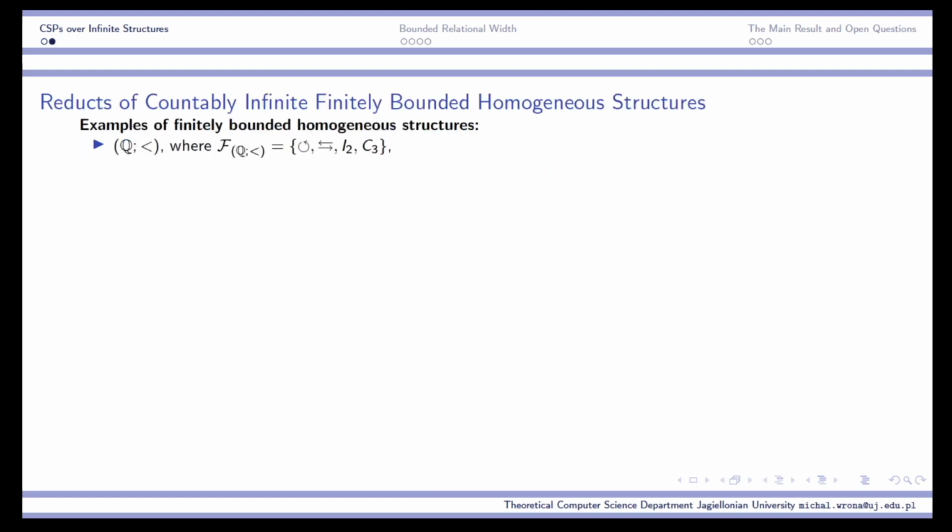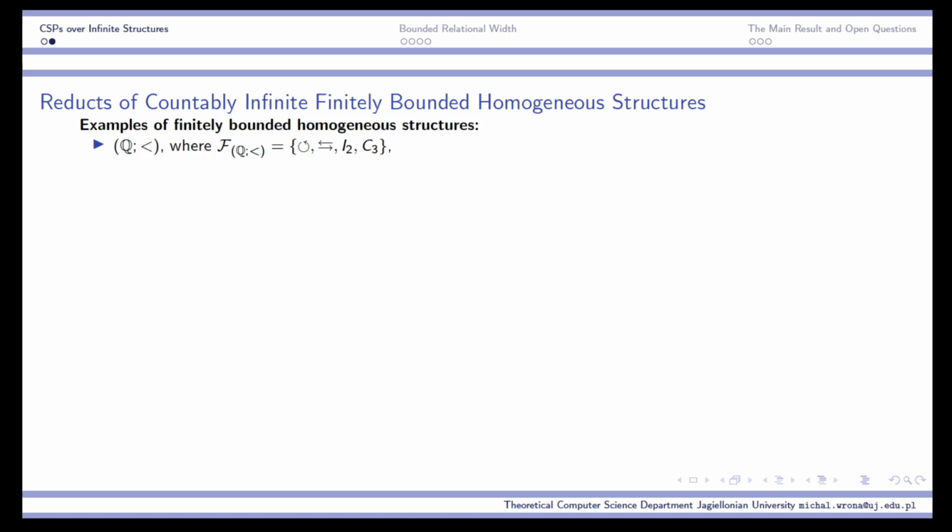In the meantime, we learned that we can use similar algebraic tools to speak about the complexity of constraint satisfaction problems over some infinite structures. So these infinite structures in this presentation are first-order reducts of countably infinite finitely bounded homogeneous structures, so structures which have first-order definitions in these finitely bounded homogeneous structures.